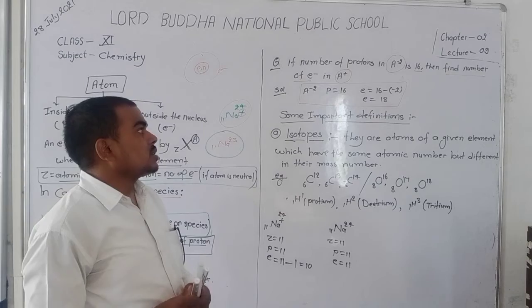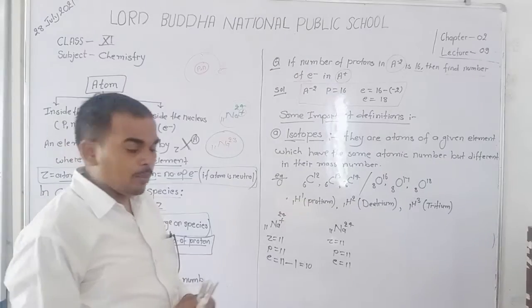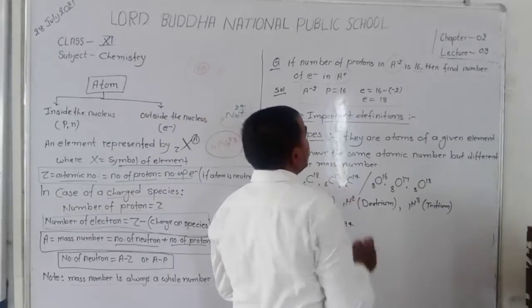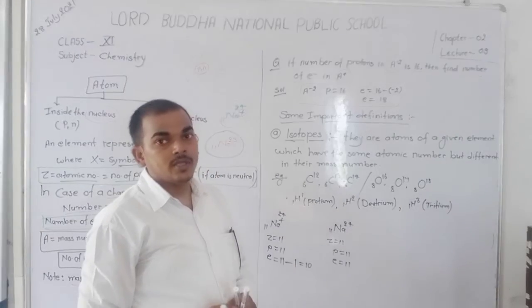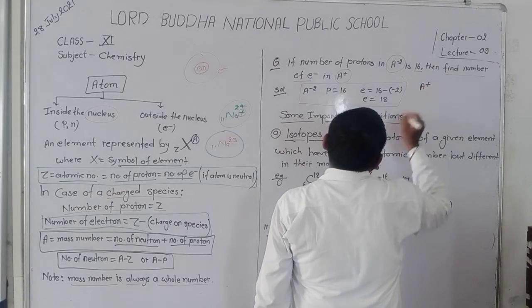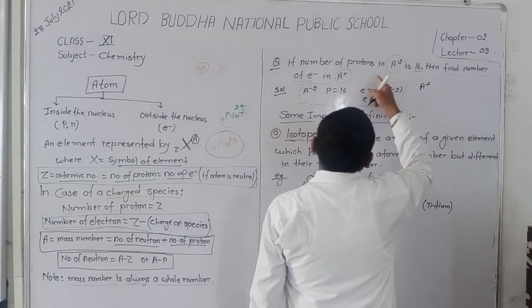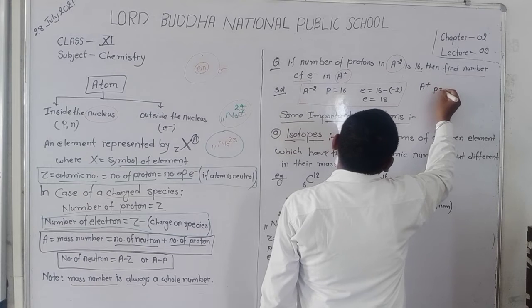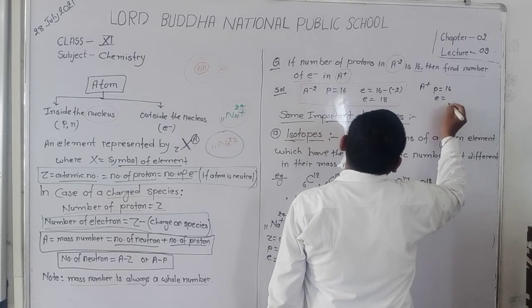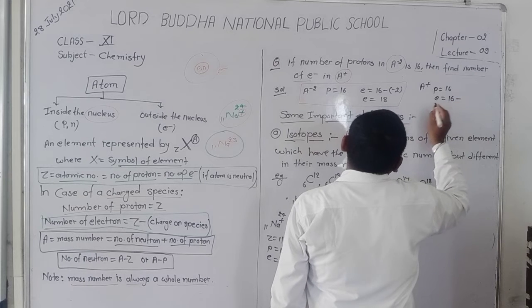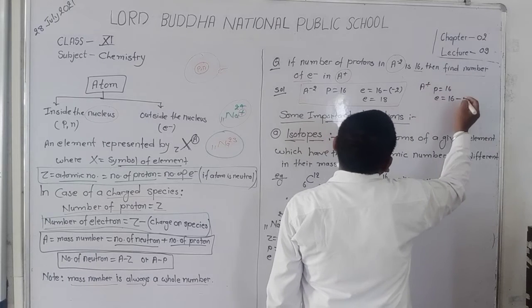But now calculate the number of electrons in A+, because the question asks for the number of electrons in A single plus. So right here, A+, you know that the number of protons in A equals 16. So the number of electrons equals 16 minus the charge on the species, that is 1.